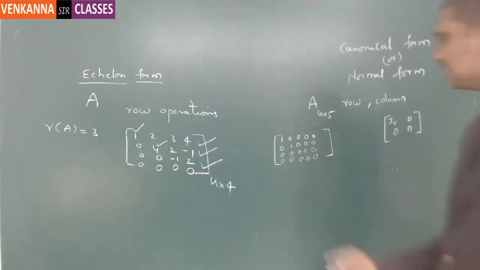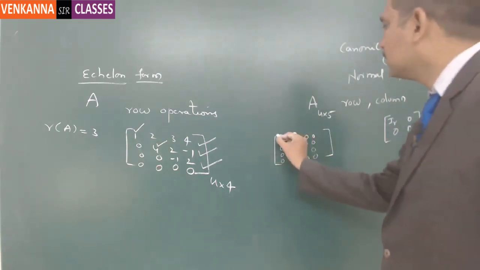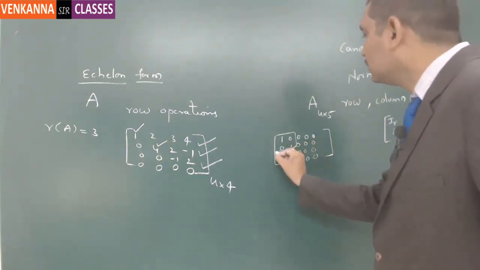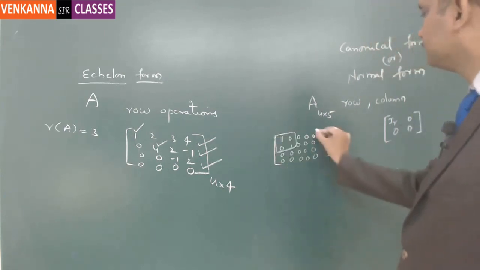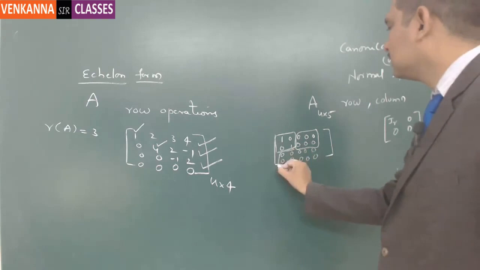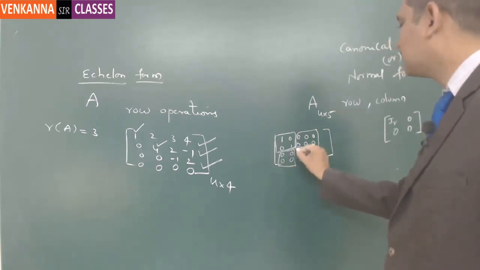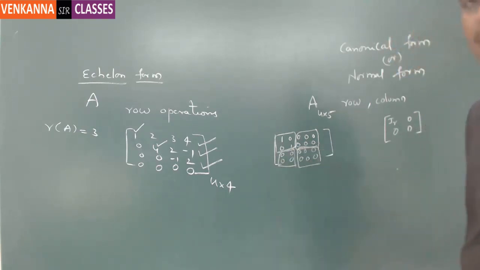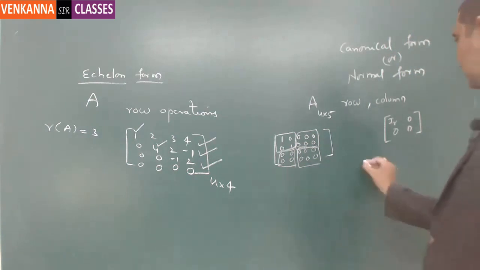Now what happens? On observing this, this is the identity matrix, and the other blocks are zero matrices. So how are you going to write it?